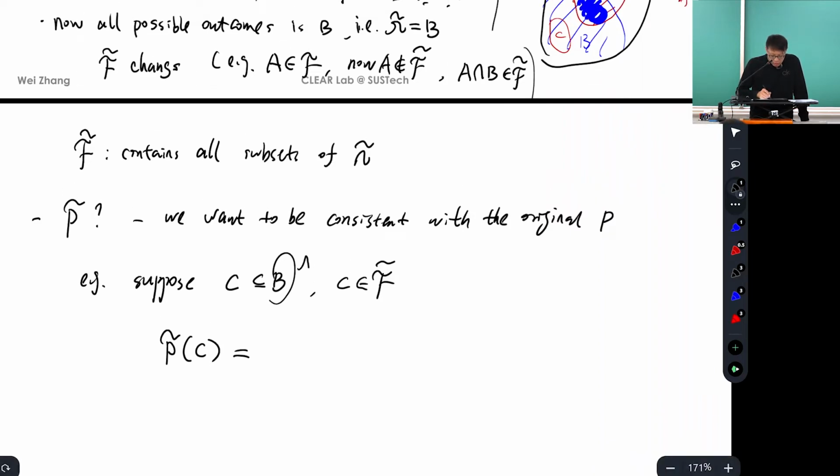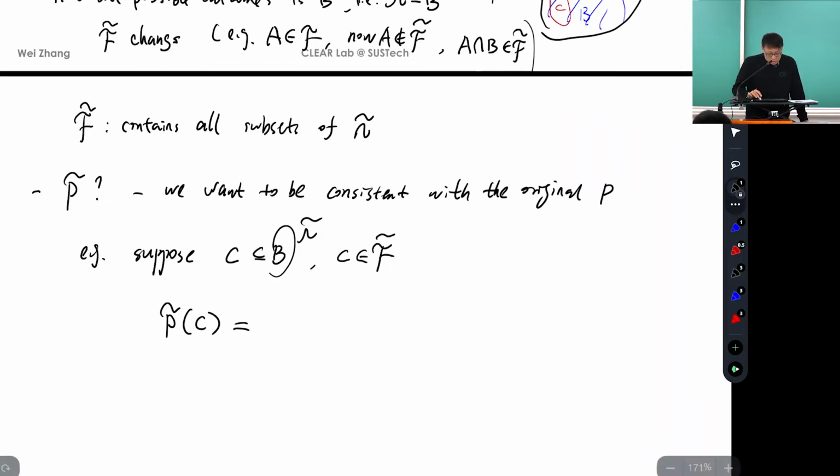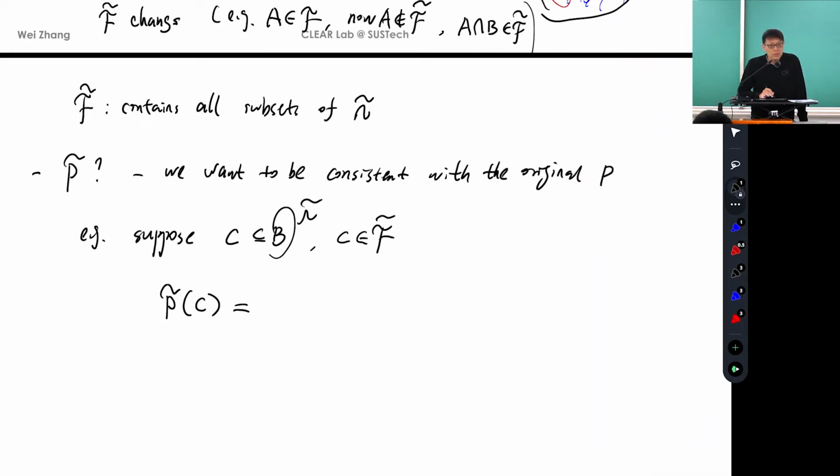No, this is the new omega tilde, right? Oh, yes. So C is a subset of omega tilde, and F tilde contains all the subsets of omega tilde, so C must be in F tilde. So the probability of C tilde, what do you think? Can I just use my previous probability? Is that okay?